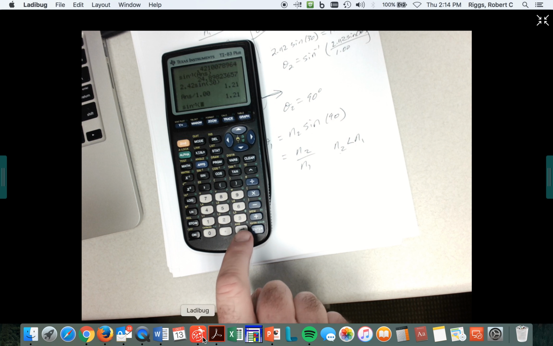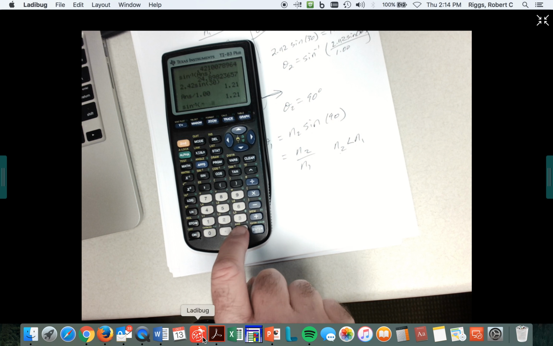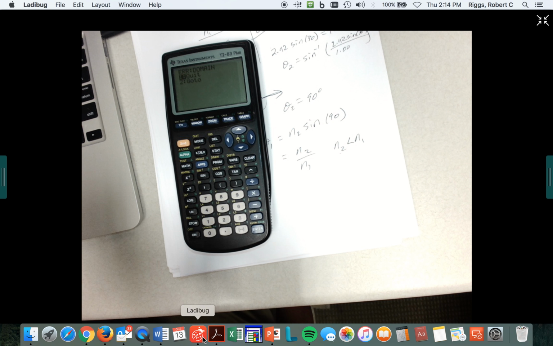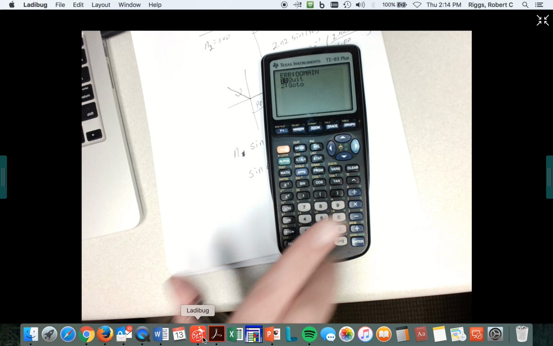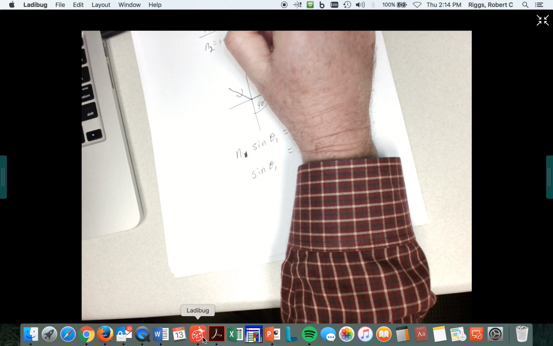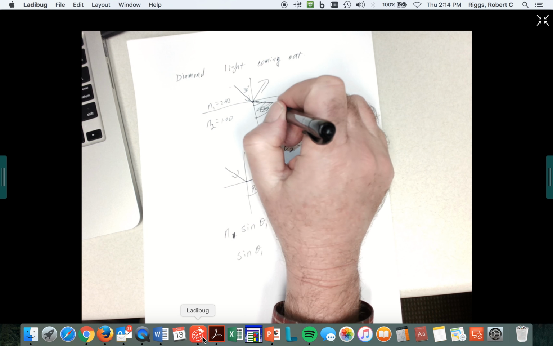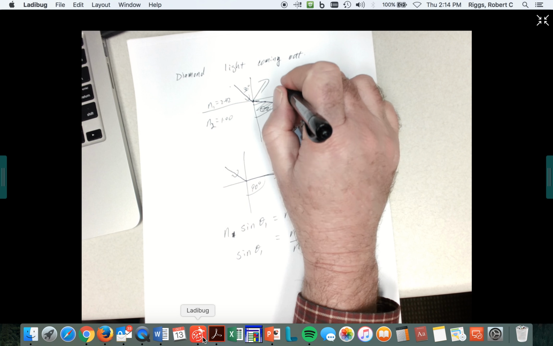This is great because I screwed up. Error. I've got an error. It's not going to work. This means it's totally internally reflected. It's coming back. There is no theta 2 over here. There is no theta 2. Internal reflection.